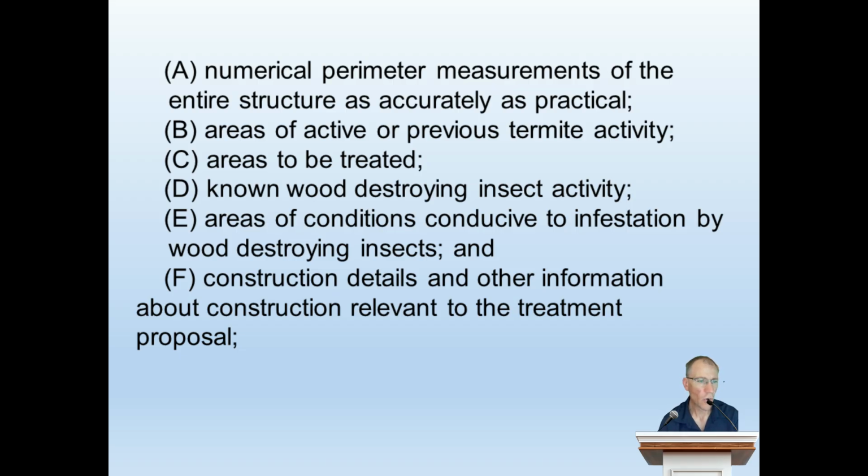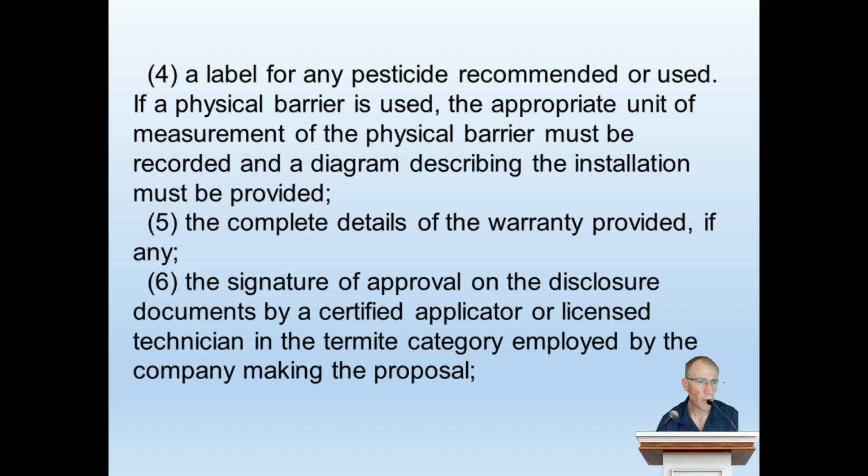D. Known wood-destroying insect activity. E. Areas of conditions conducive to infestation by wood-destroying insects. And F. Construction details and other information about construction relevant to the treatment proposal. 4. A label for any pesticide recommended or used.